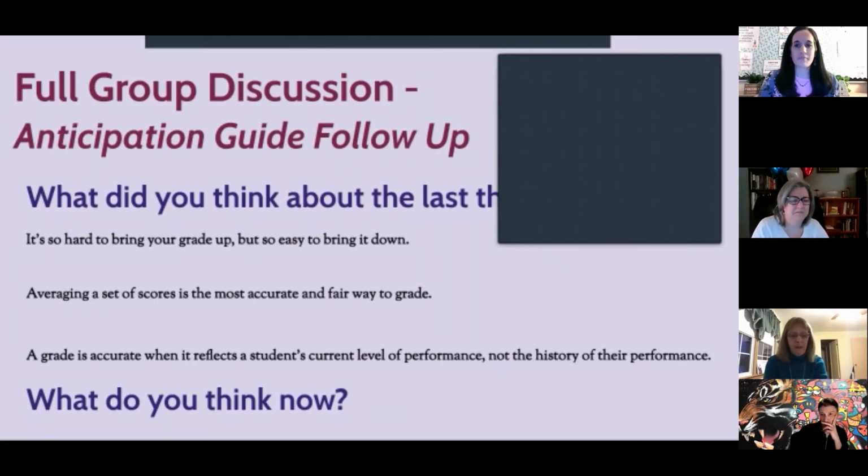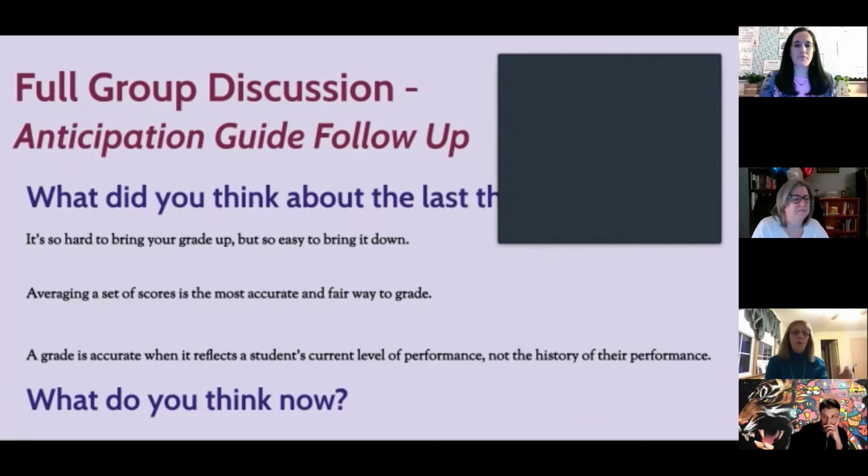And the other one, I think a grade is accurate when it reflects a student's current level of performance, not a history of performance. When kids are first learning something, and they're on that trajectory of learning, I don't feel they should be graded on that learning process until they finally get to where they can demonstrate proficiency, either on that standard or on the assignment, or whatever it is.